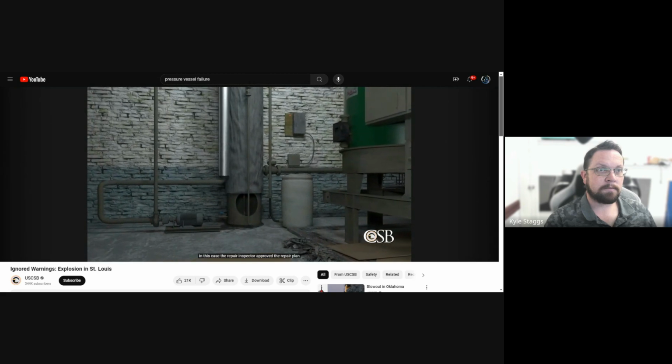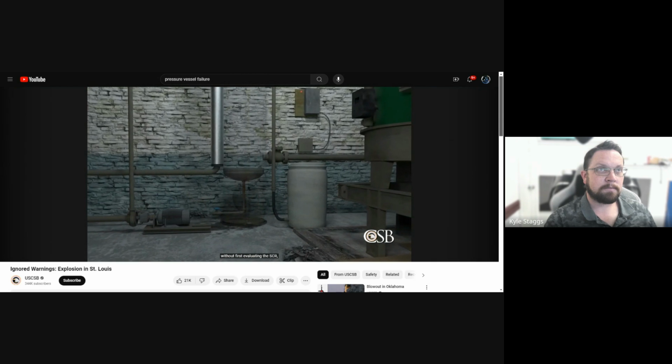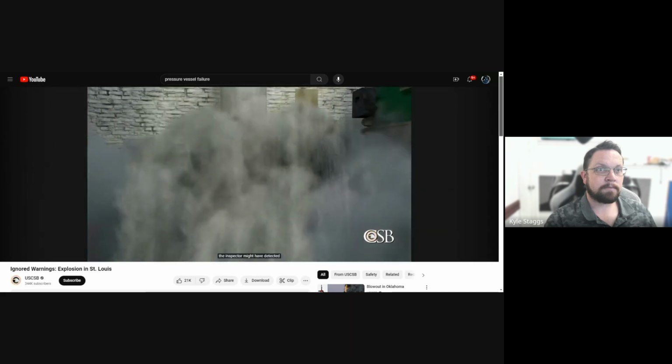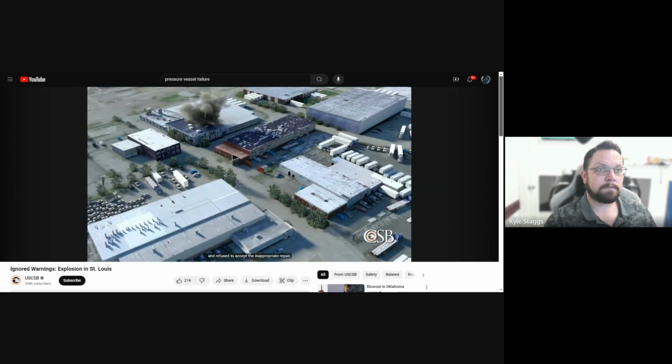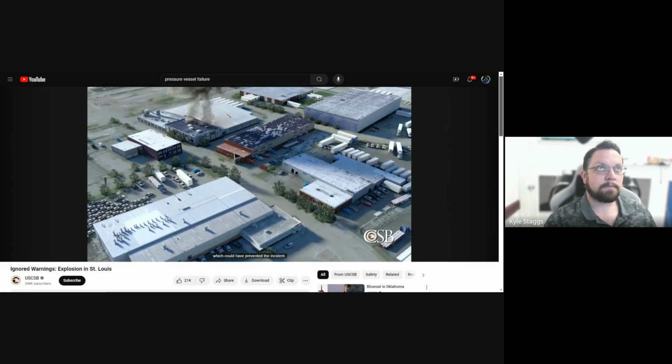In this case, the repair inspector approved the repair plan without first evaluating the SCR, and the inspector did not personally witness the inappropriate repair to the SCR bottom head. Had the repair inspector seen the repair in progress, the inspector might have detected and refused to accept the inappropriate repair, which could have prevented the incident.